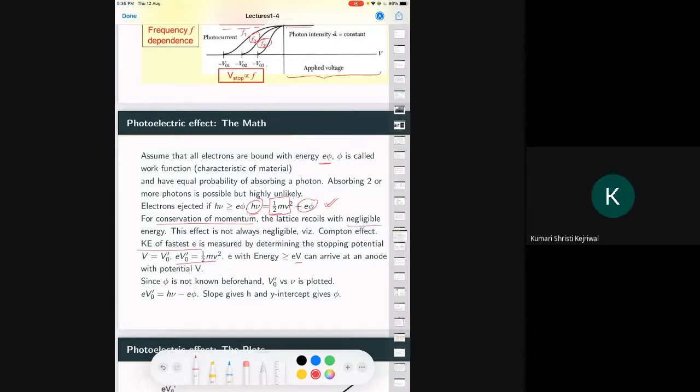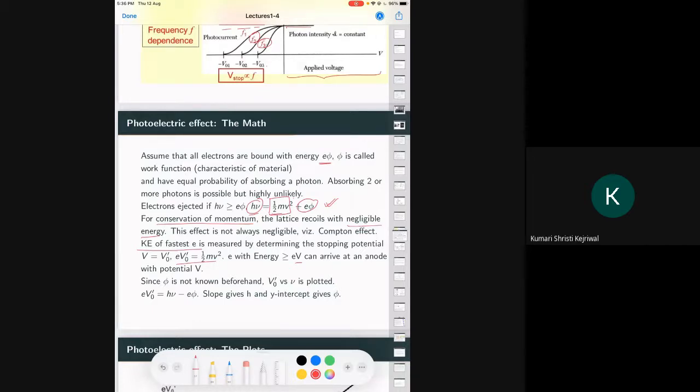Ma'am, could you just explain this recoil part once again? Yeah, so when the electrons are emitted from the metal, the lattice should also recoil in the opposite direction, because momentum has to be conserved. However, because the lattice is so much heavier than the electron, the recoil velocity of the lattice is very, very small, which means that a very small part of the energy actually goes to the lattice in case of photoelectric effect.